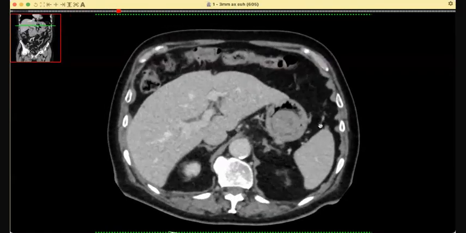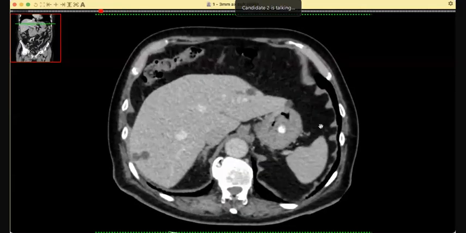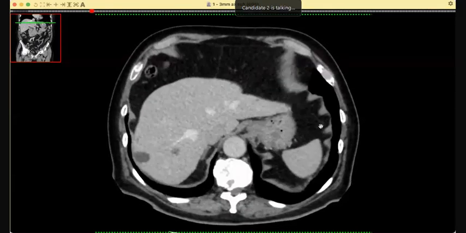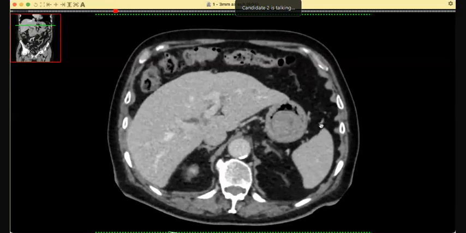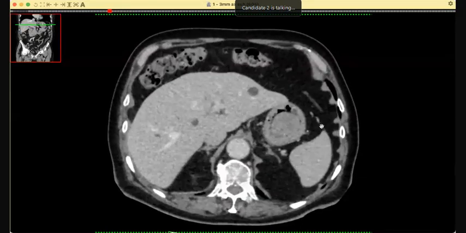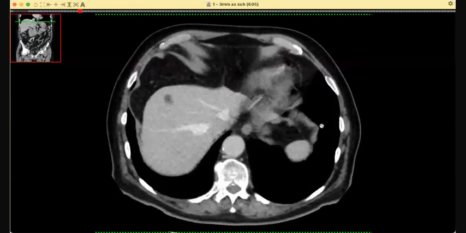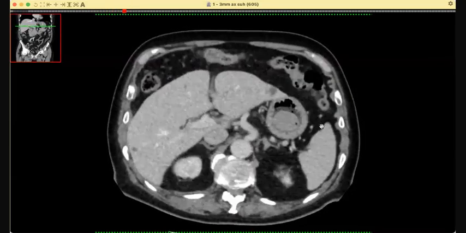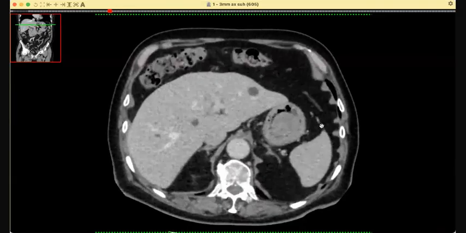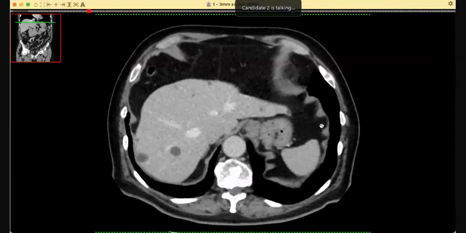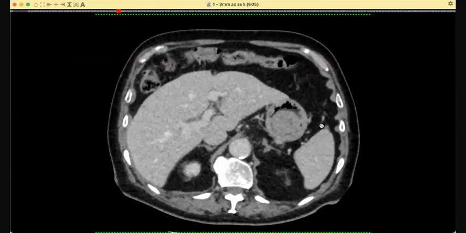If it is growing outside the lumen of the stomach, I would think of gastrointestinal stromal tumors. But since it's growing within the lumen of the stomach, I'm thinking of adenocarcinoma of the stomach. You mean to say GIST cannot grow in the lumen? Yes. If it is growing exophytically, sir.